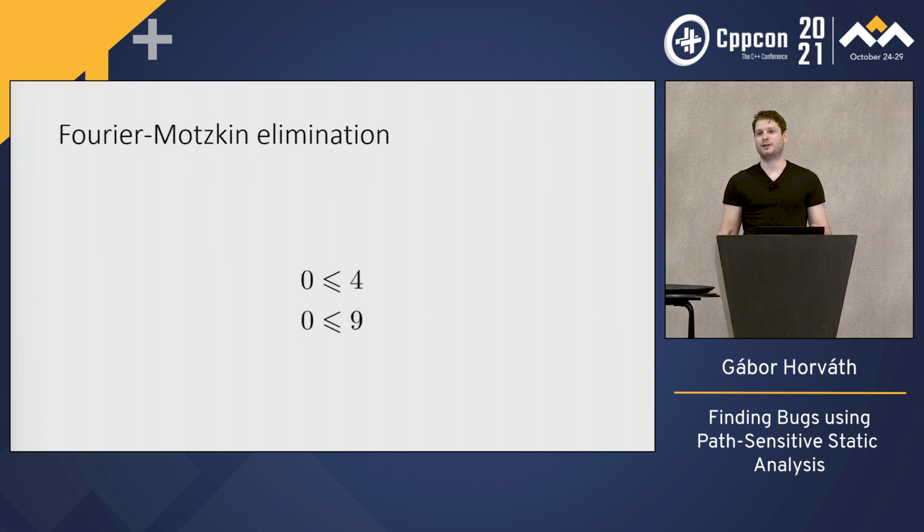So this is a great algorithm that was available from really early on, for centuries. The problem with this algorithm is that the number of inequalities that we need to solve can explode if we have a lot of variables. And also, this is a method that is reasoning about integers. And when we are programming, we rarely deal with integers. We have bit vectors.